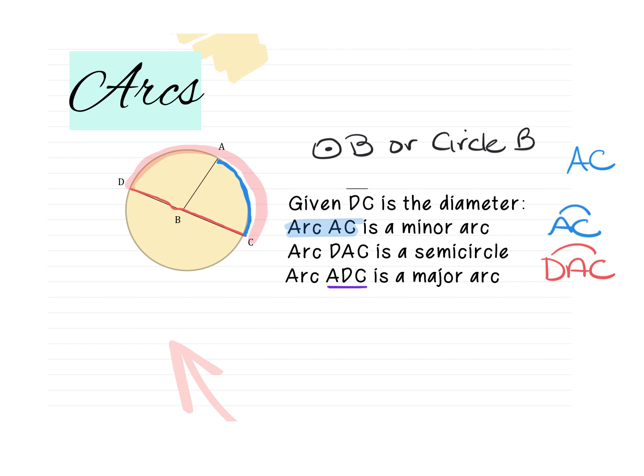So for this one, I'm going to start at the A, right here, and then I'm going to go to the D, and then around to the C. This is a major arc. It's more than half of the circle. So again, you could name it ADC and put the picture of the arc on top. So when they give you the 3 letters, you have to go in order. And sometimes it's clockwise, sometimes it's counterclockwise. It depends on where the letters are located.